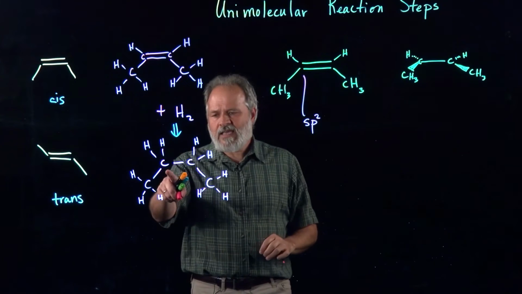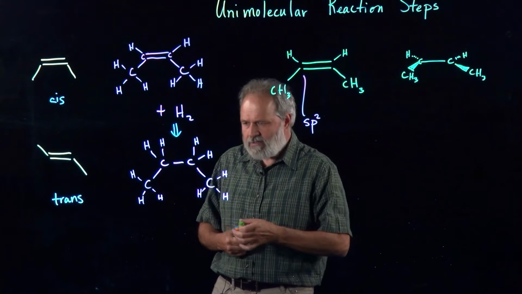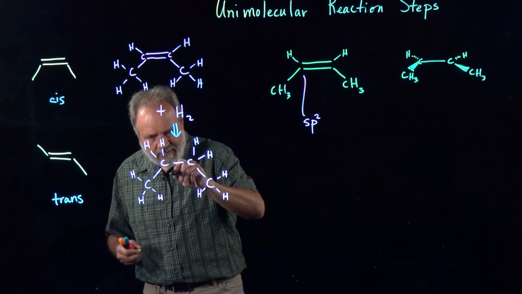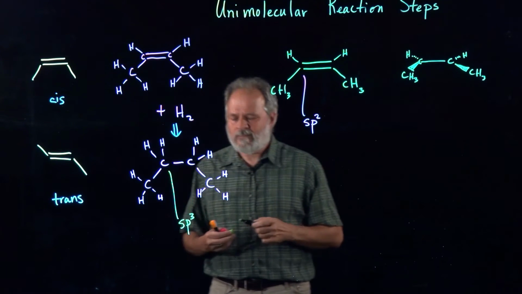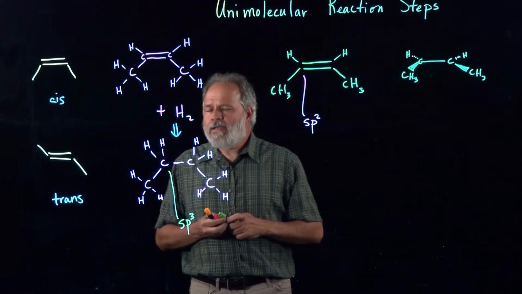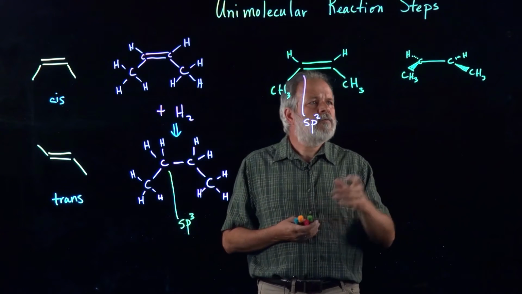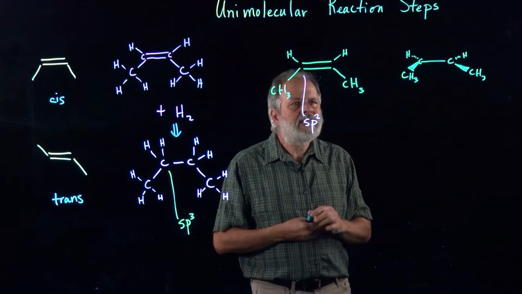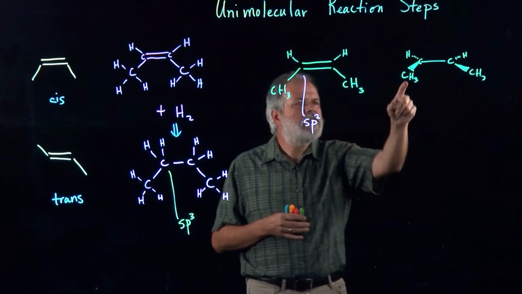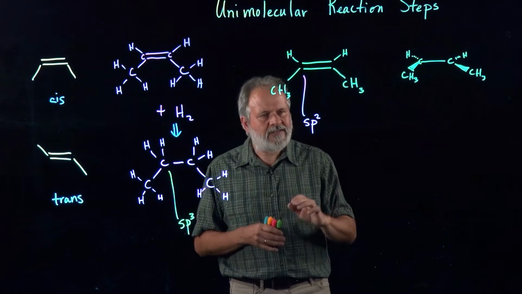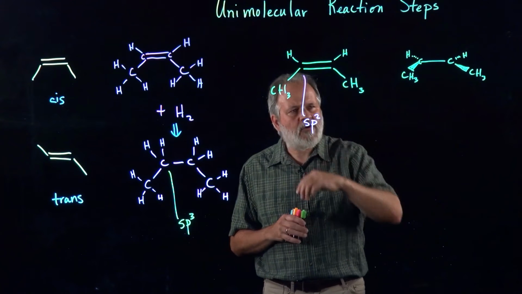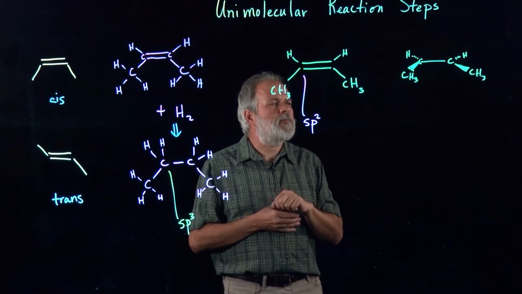This carbon here is sp3, just to review your general chemistry. And so the skeleton has 3 bonds, 3 groups of electrons. That's how you know it's sp2 hybridized, because the number of sigma bonds is equal to the number of atomic orbitals that hybridize to form the sigma bonds.